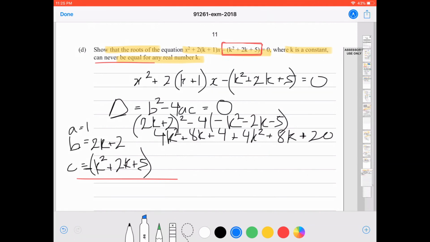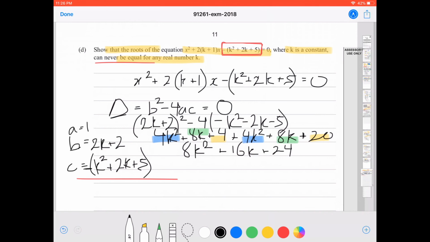Like terms: the k squareds, the k's and the integer terms. So we end up with 8k squared plus 16k plus 24. And so what's going on here? This is our discriminant.